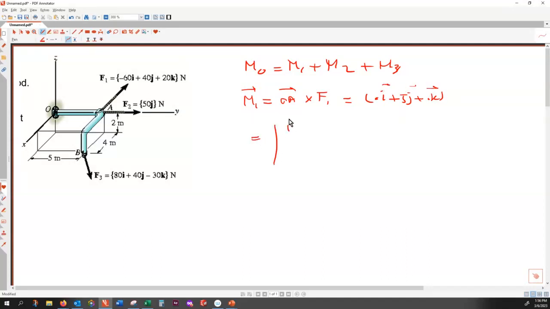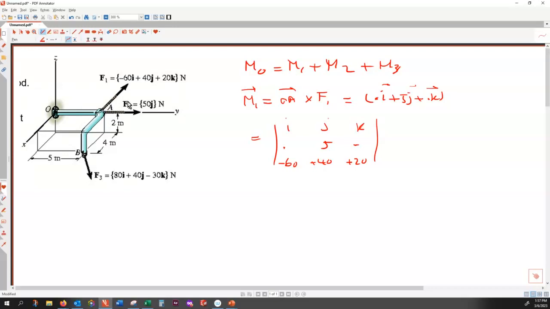So this is IJK, 0, 5, 0, and F1 is minus 60 plus 40 plus 20. Okay, I know that this rotation is the magnitude of the F multiplied by the shortest distance.